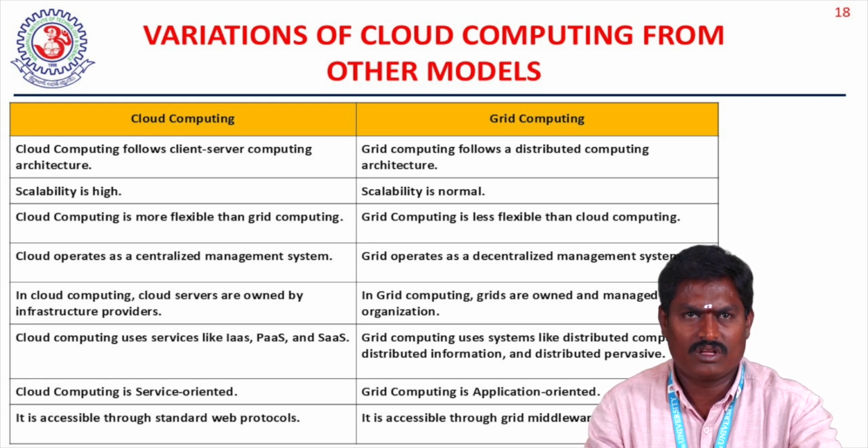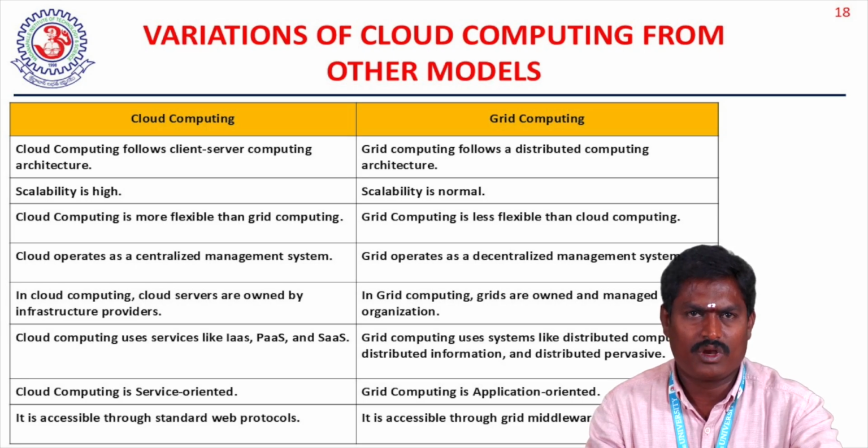So cloud computing is more flexible than grid computing. Grid computing is less flexible than cloud computing. Cloud operates as a centralized management system, but grid computing is a decentralized management system.